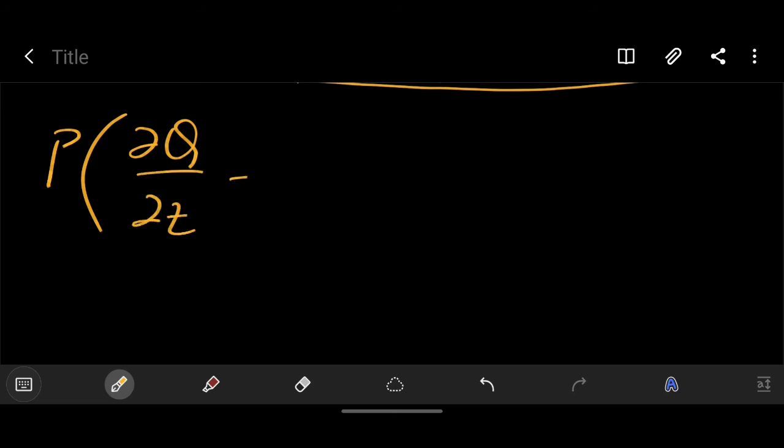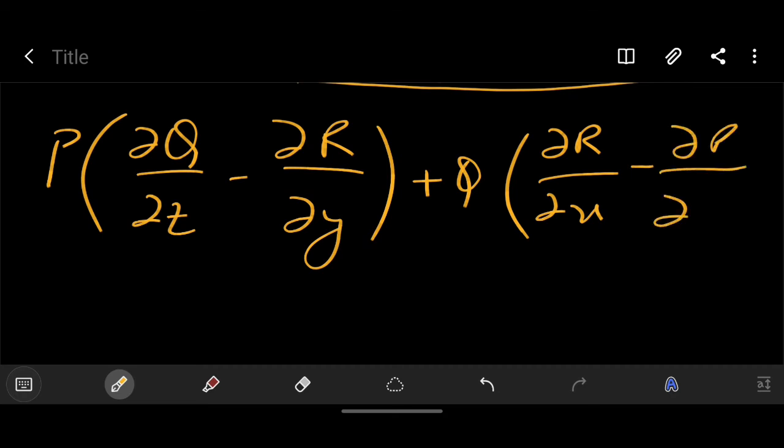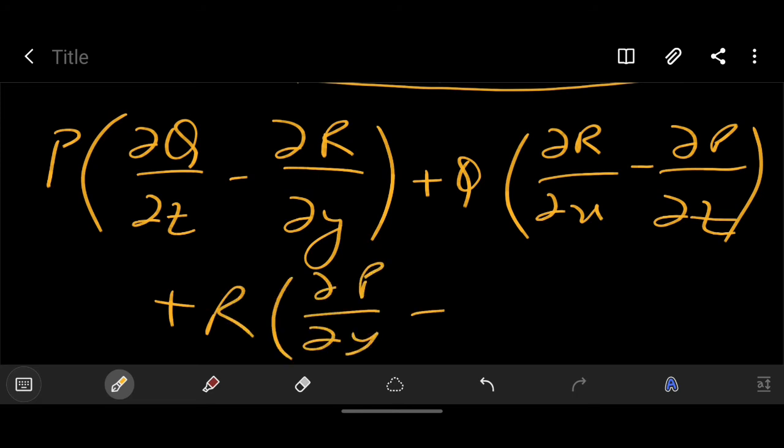So the condition is we take p times the partial derivative of q with respect to z minus the partial derivative of r with respect to y, plus q times the partial derivative of r with respect to x minus p with respect to z, plus r times the partial derivative of p with respect to y minus q with respect to x, has to be 0.